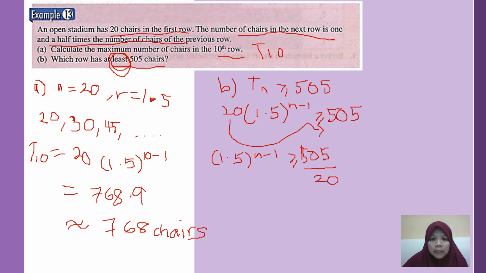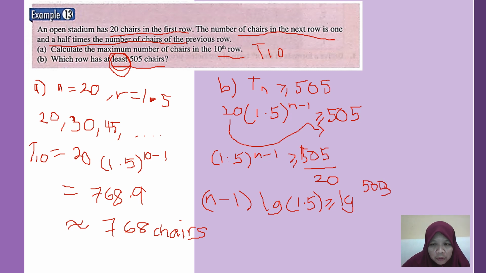To find n, we apply logarithms by taking log on both sides: n minus 1 times log 1.5 is greater than or equal to log of 505 over 20.